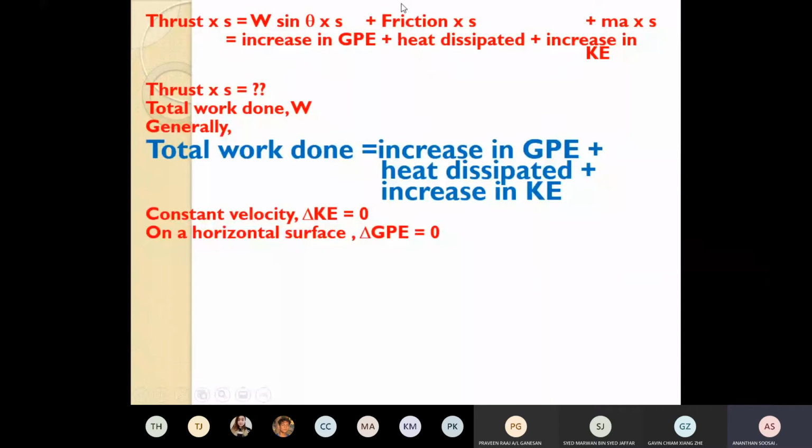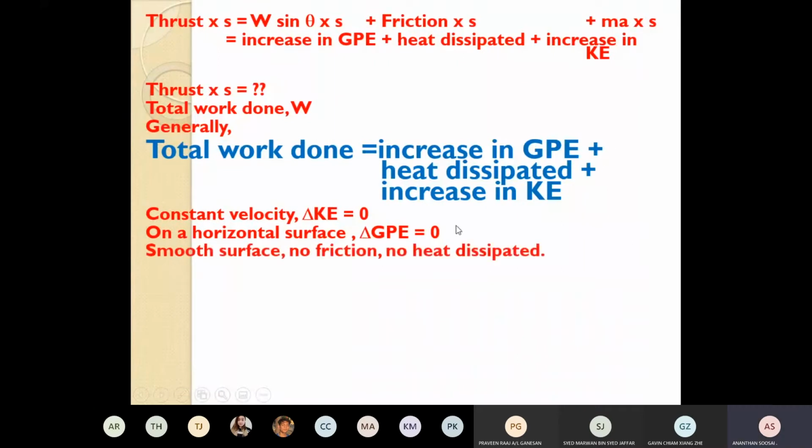This rule also applies to a horizontal surface because it is based on conservation of energy. If the car moves on a horizontal surface, the increase in GPE will be 0. That means whatever work done by the thrust is converted to heat and gain in kinetic energy only. No GPE rises on a flat surface.